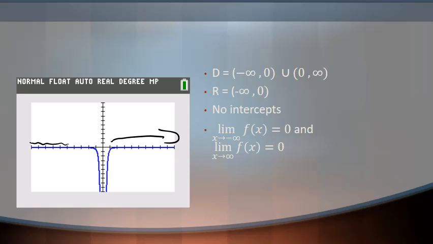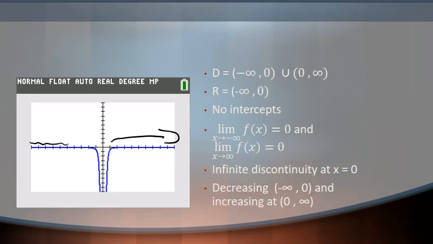And let's see, I think next is our limits. As x is coming from negative infinity, f of x equals 0, and we have a limit. In other words, we've got a limit of f of x, or y, at 0 as x is coming from negative infinity. And as x is moving towards infinity, we also have a limit at f of x equals 0. Now we should be saying yes, we've got infinite discontinuity where x is equal to 0.